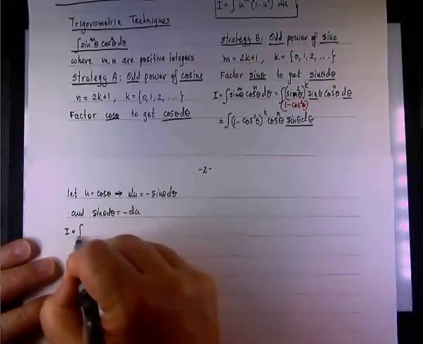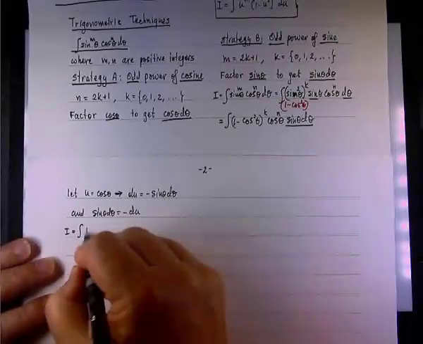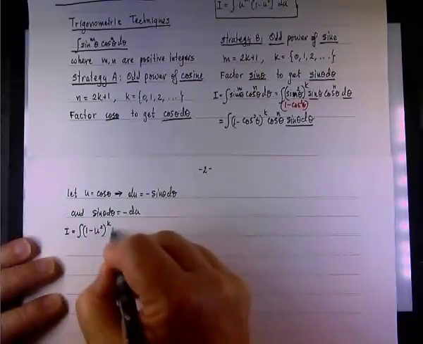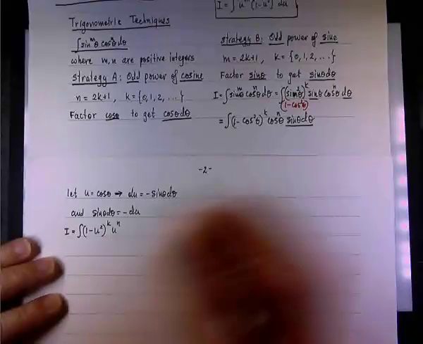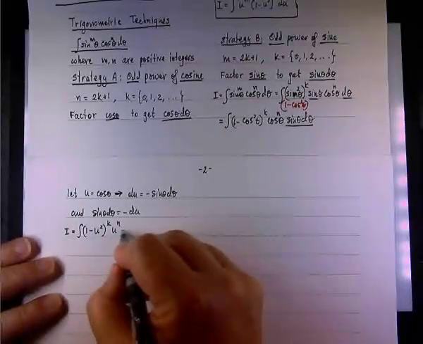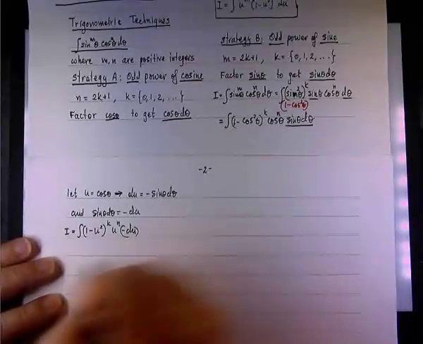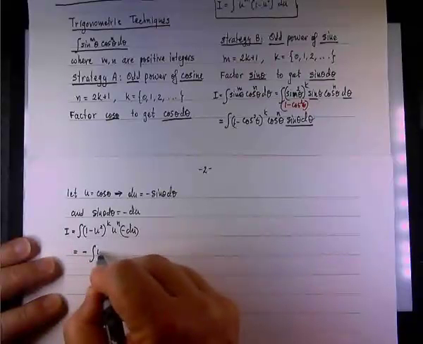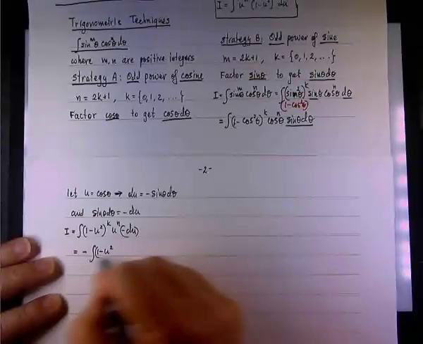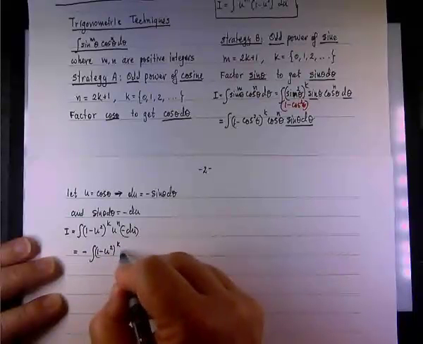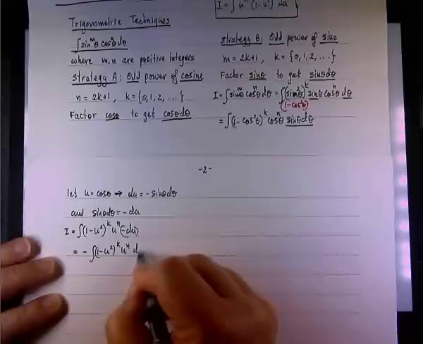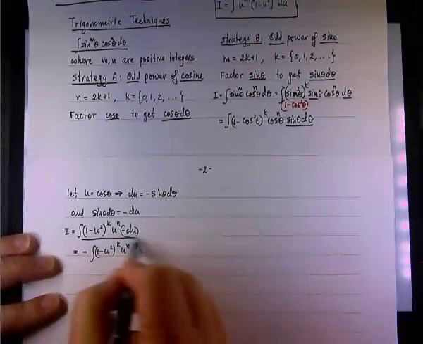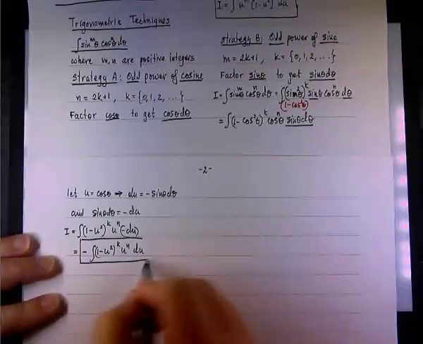So after performing this substitution, I will be the integral of 1 minus u squared raised to the k power, u raised to the nth power, and instead of sine theta d theta, we have negative du. And we can finish this up by saying this is the negative integral of 1 minus u squared to the k, u to the n, du.